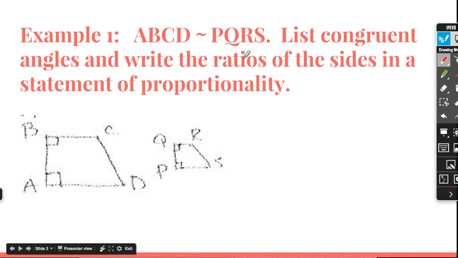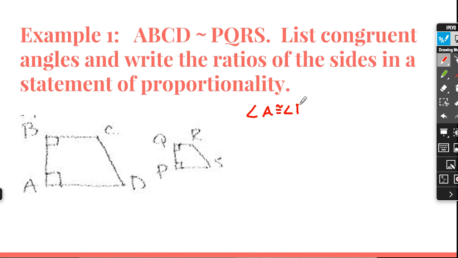If we start with our angles, remember that the way that they're named can be very helpful to us. So list congruent angles. If we start with angle A, it will be congruent to angle P, since A comes first. So this is lower left to lower left. Angle A to angle P. The next one will be angle B, and that one comes second.